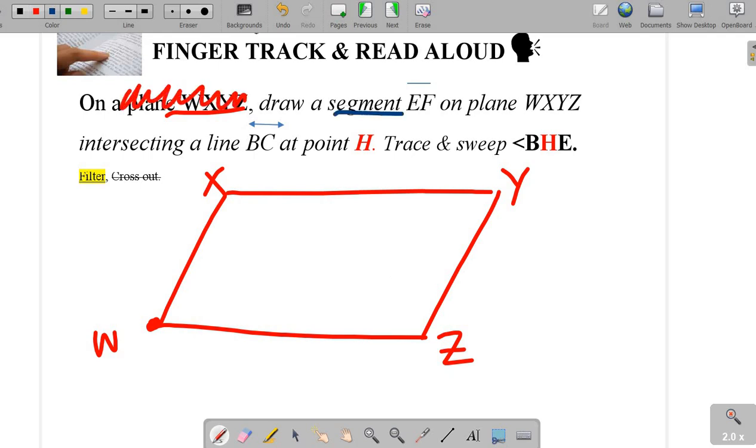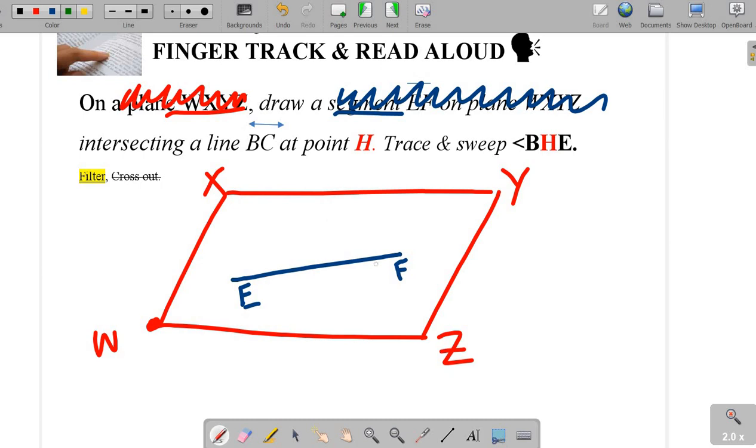Now I have a segment, EF. So EF, E's capital, F's capital, endpoints, EF. No arrows because it's a segment. And it's on the plane WXYZ. Cross it out. I accounted for that. It's intersecting a line BC.